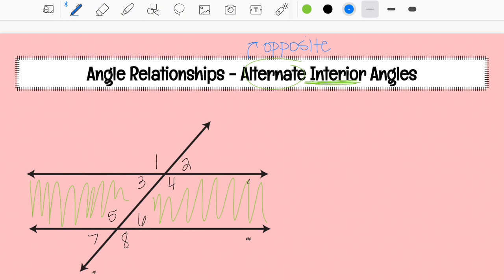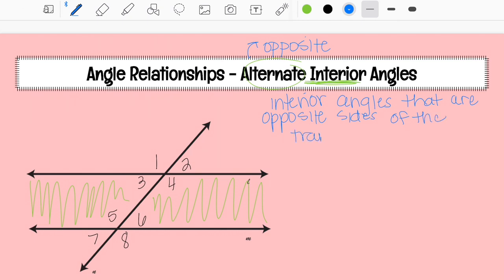So alternate interior angles are interior angles, so on the inside, that are on opposite sides of the transversal. Our first example would be angle 3, and the angle that's on the opposite side of our transversal, which remember is line N, would be angle 6.